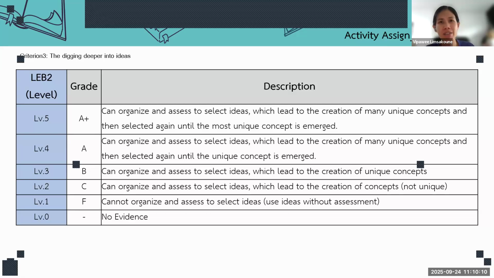For example, the washing machine, right? I select 3 ideas to finalize my conceptual design.